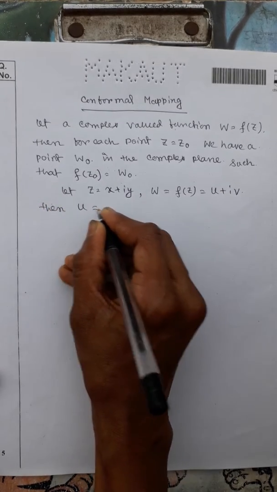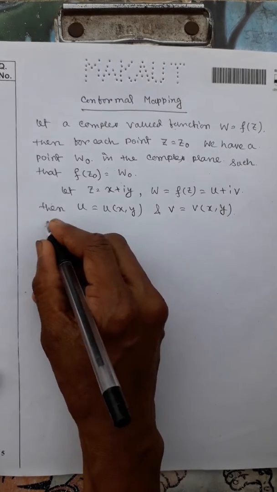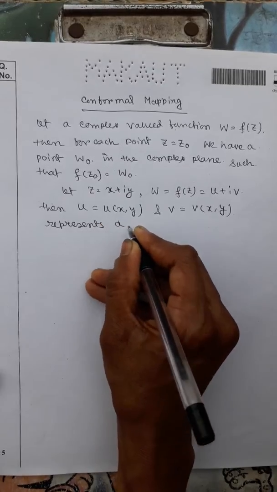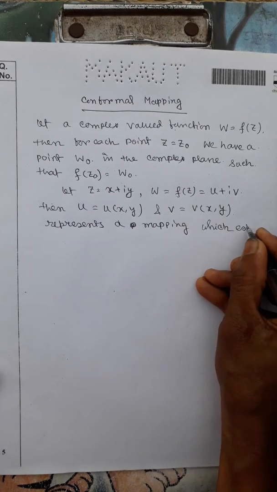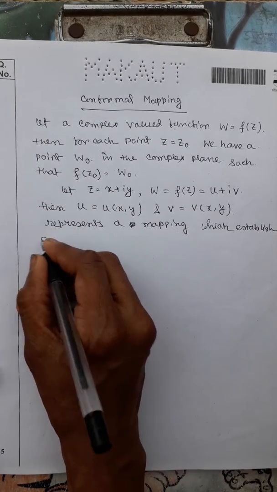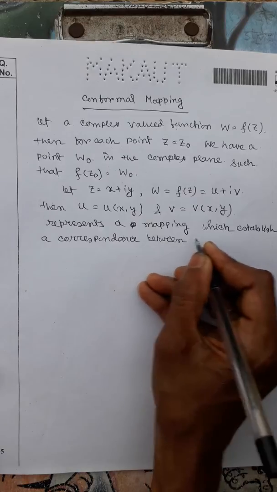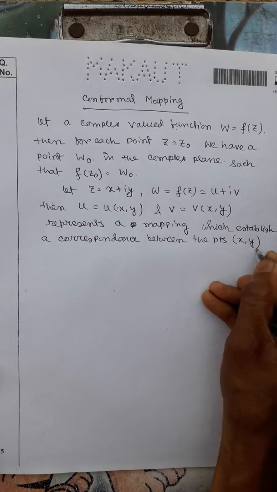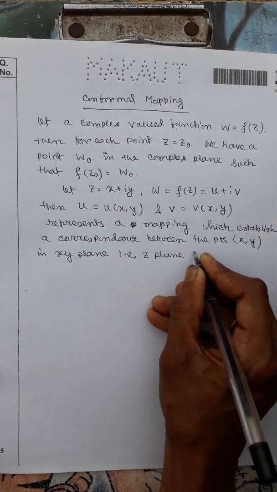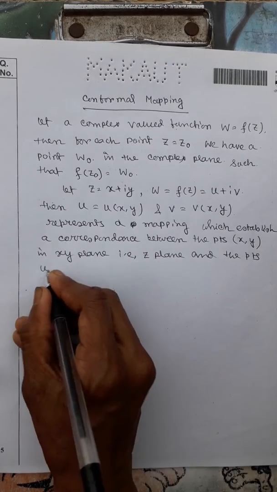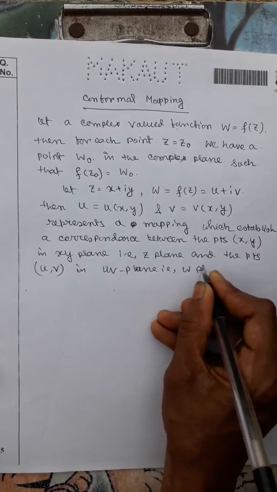Then u = u(x,y) and v = v(x,y), which represents a mapping which establishes a correspondence between the points (x,y) in the xy plane, that is the z plane, and the points (u,v) in the uv plane, that is the w plane.